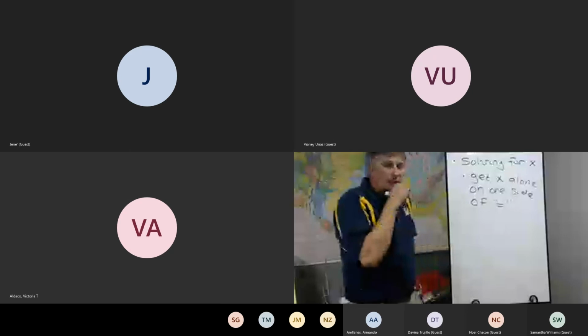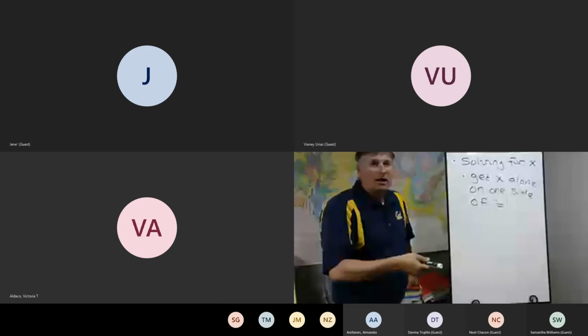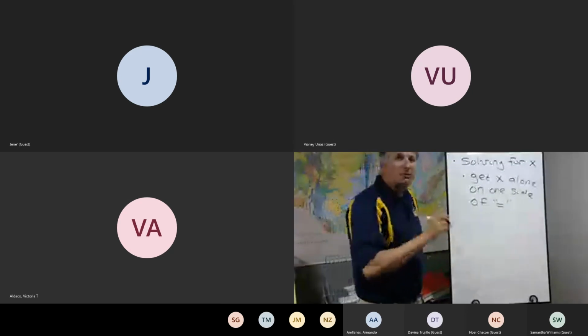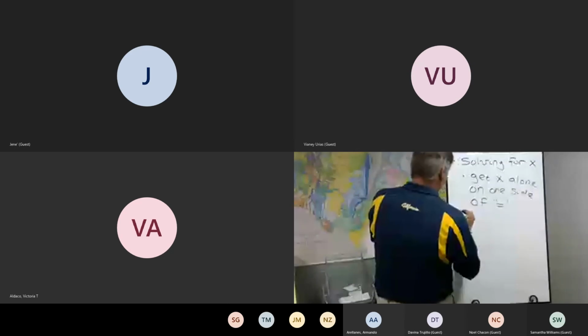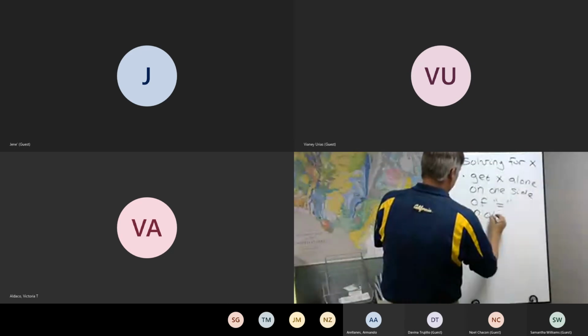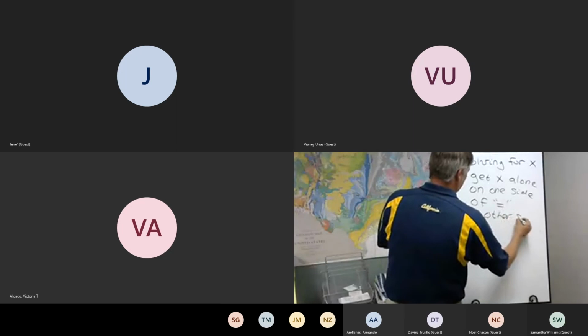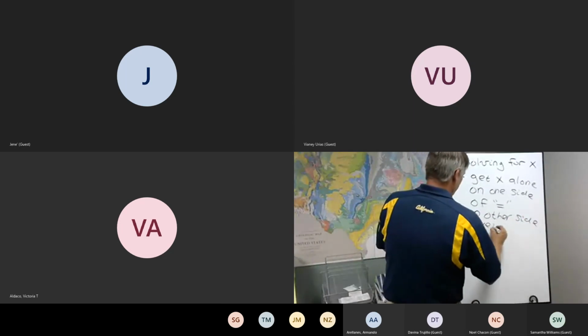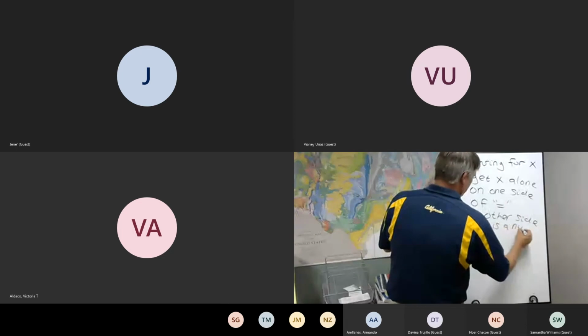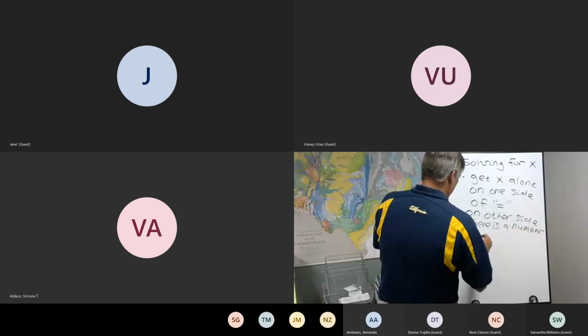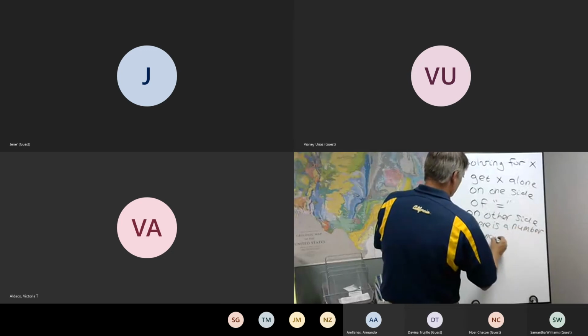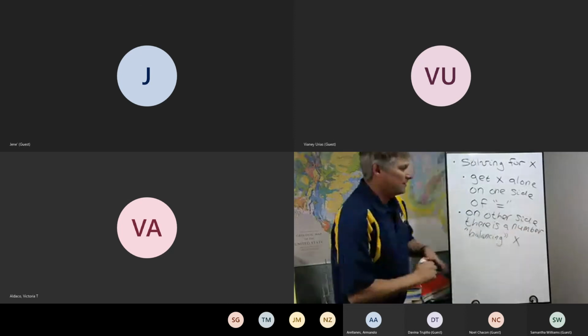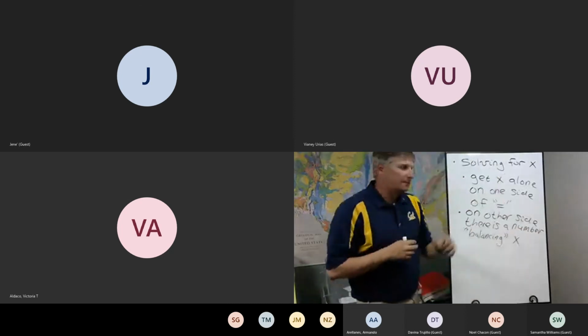On the other side, there's a number balancing X. So you have X on one side, you have a number on the other.